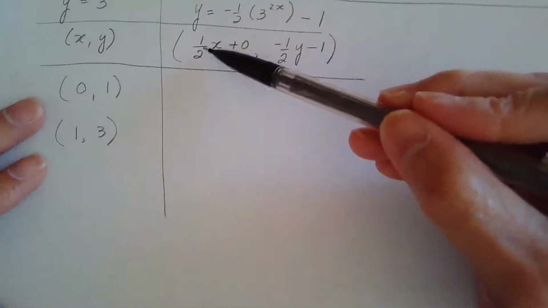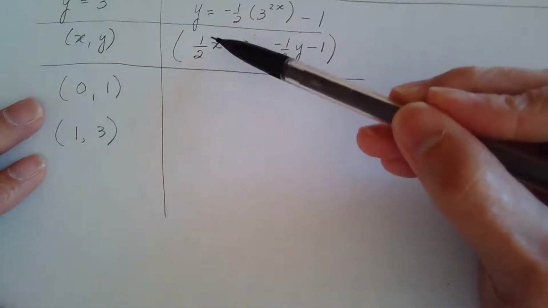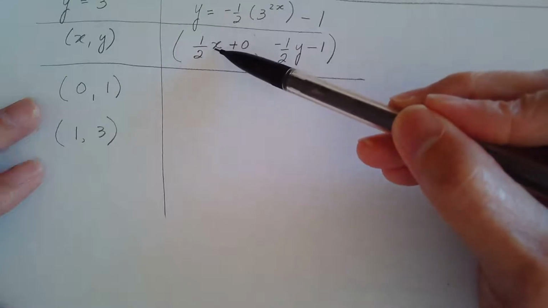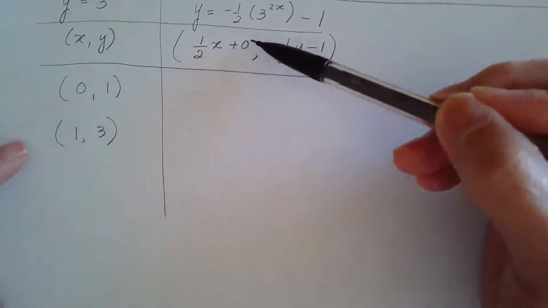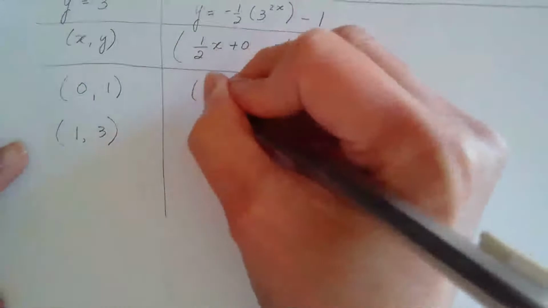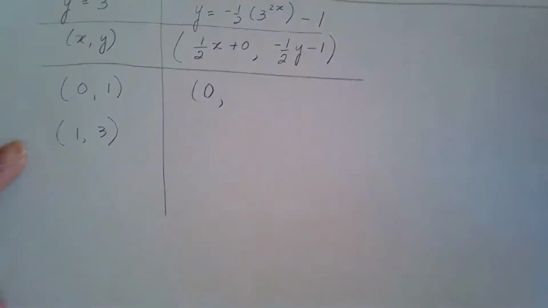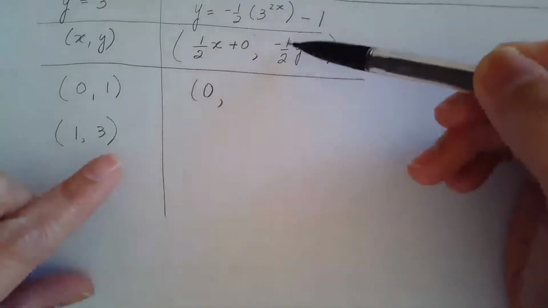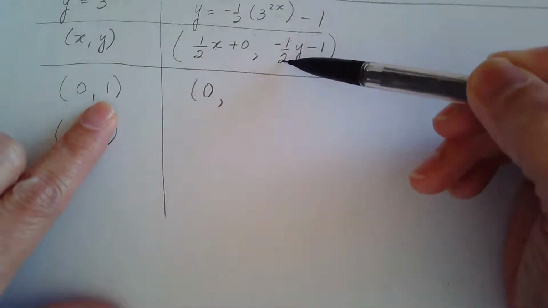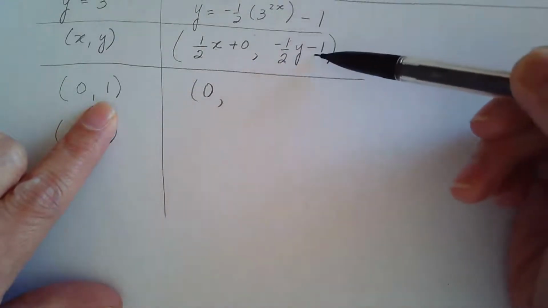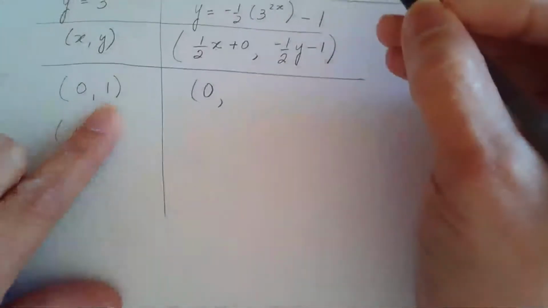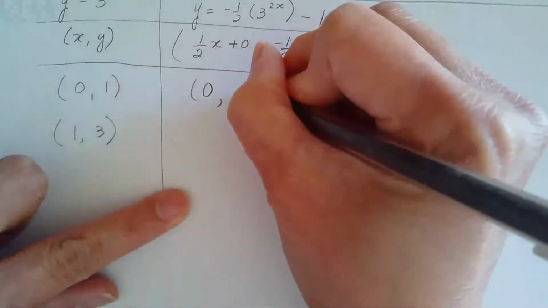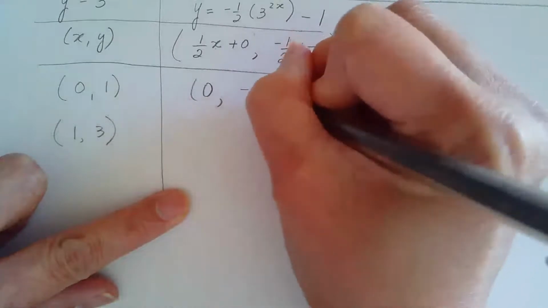Let's take a look at the x. If x is 0, 1/2 times 0 is 0, plus 0 is 0. And then the y would be -1/2 times 1, which is -1/2, minus 1. So it's going to be -1 and 1/2.